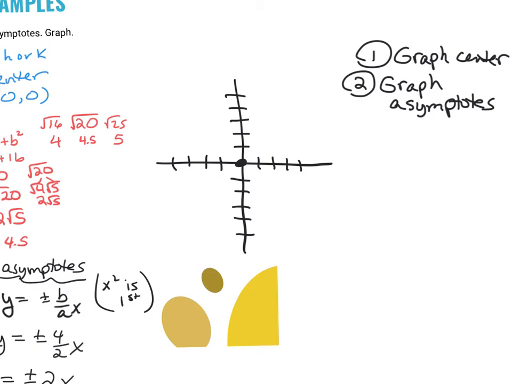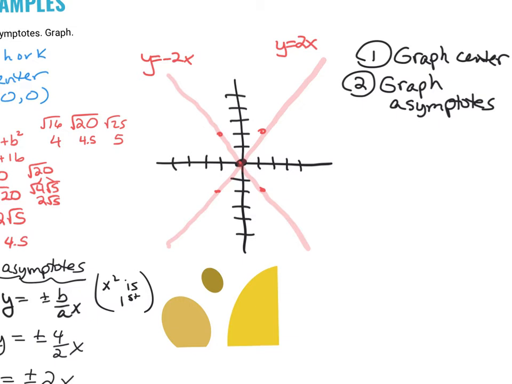I'm going to do my asymptotes in red. The first one is y equals negative 2x. I'm going to start at 0, 0, go down 2 and over 1. I could also go up and left. When I connect the points, this is my first asymptote, the equation y equals negative 2x. Then I'm going to graph the equation y equals positive 2x: up 2 over 1 or down 2 and over 1. Connect the points. Here's your second asymptote, the equation y equals 2x.